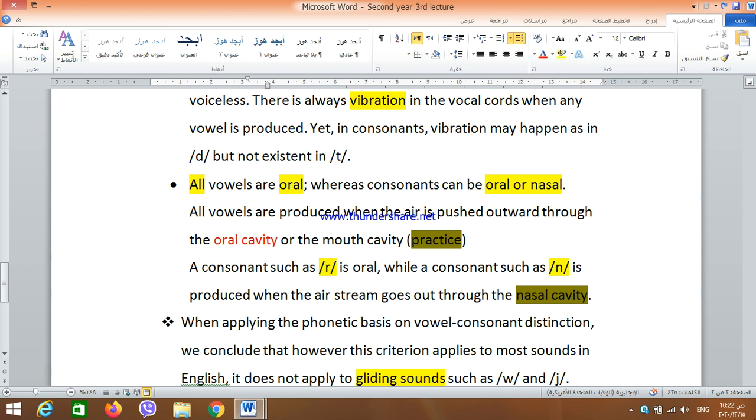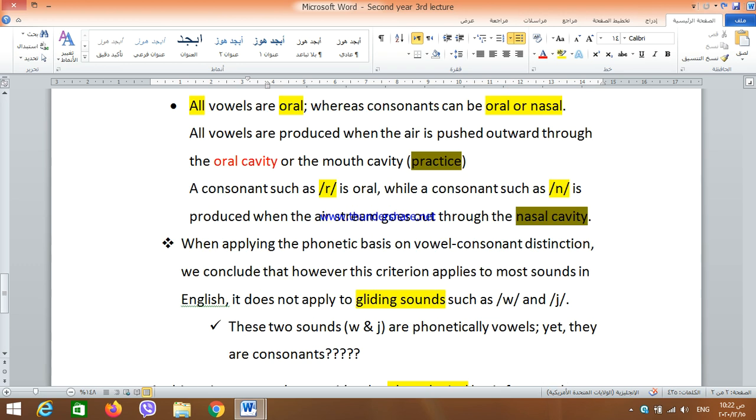So d is voiced, while t is voiceless. These are two consonants. So again, in consonants, we may have voiced and voiceless sounds. But in vowels, all vowels are voiced. In the pronunciation of every vowel, there should be vibration in the vocal cords.